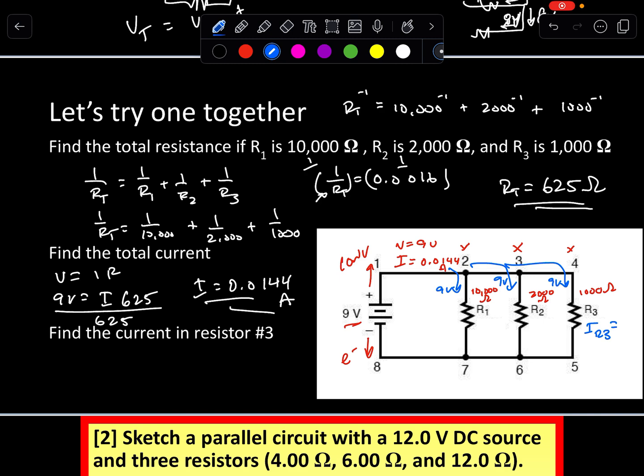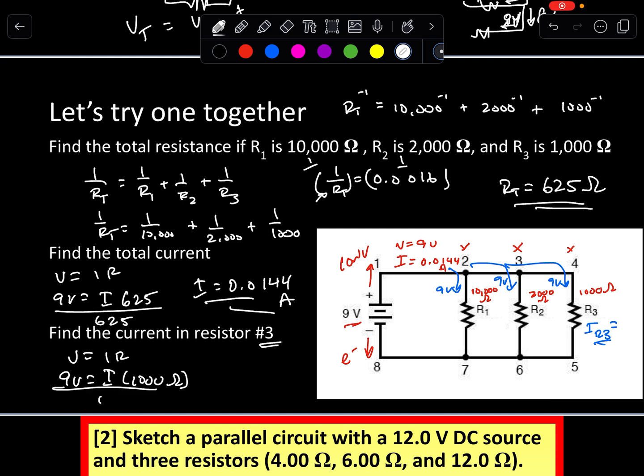So what we're able to see is if we want to solve for the current through R3, once again, we don't know what that is, so we're going to use Ohm's law here. V equals IR. In this case, again, we've got 9 volts running through there because there isn't anything at this point to change that voltage. We don't know the current through R3, but the resistance of it is 1,000 ohms.